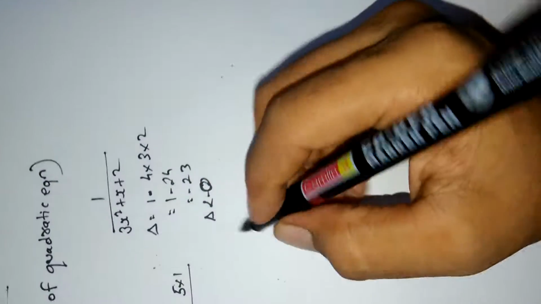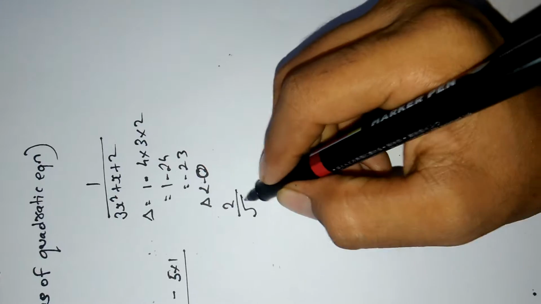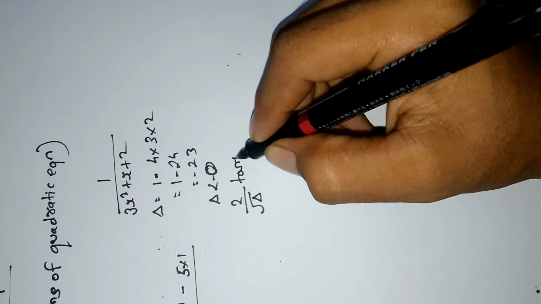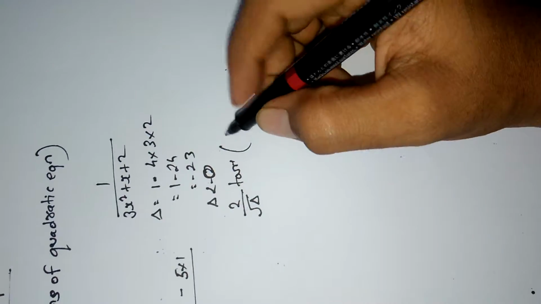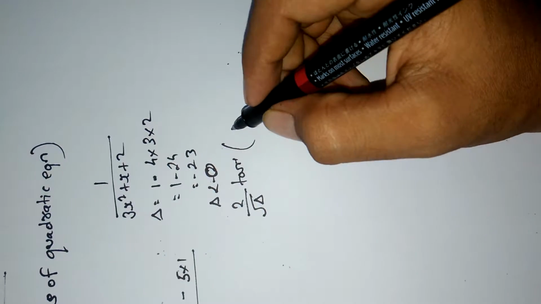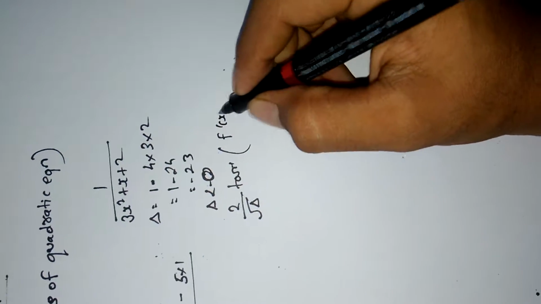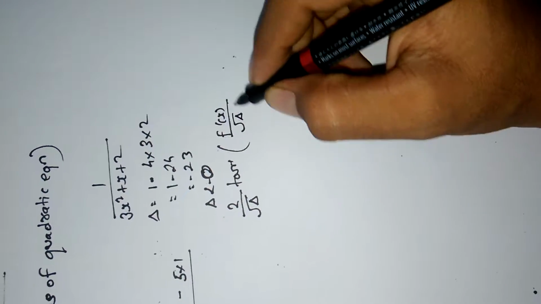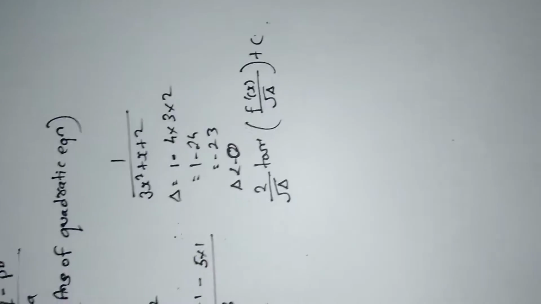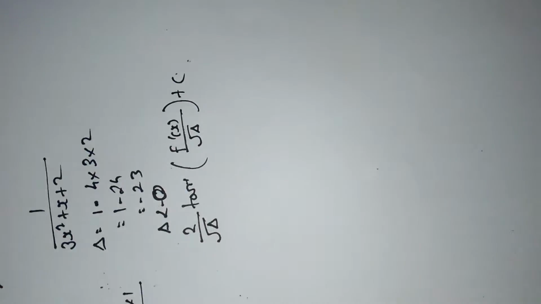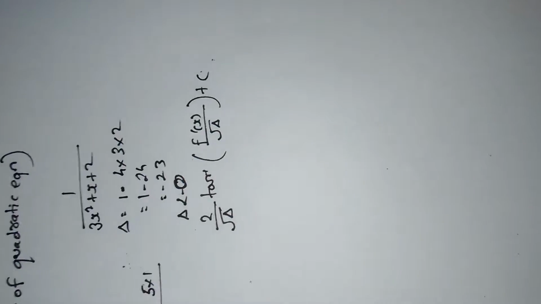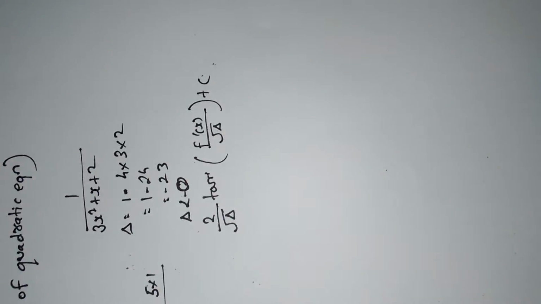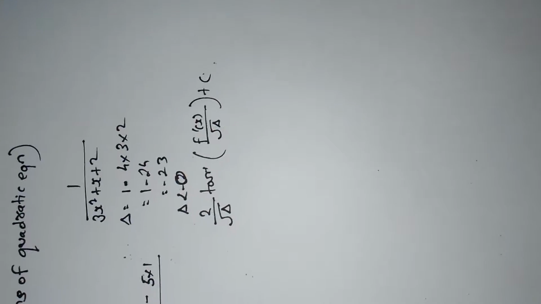So we have to apply this formula: 1 upon under root of theta, tan inverse of f dash of x upon under root of theta. This is the formula if the value of theta is less than 0. I have shown you in part 1. First see that.